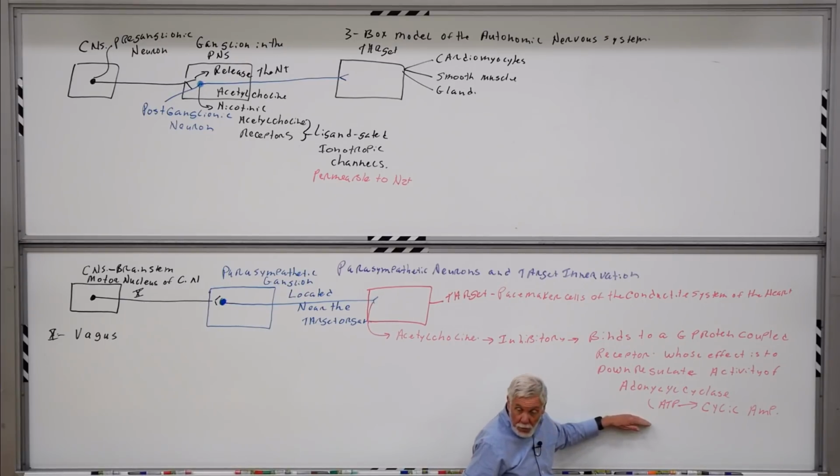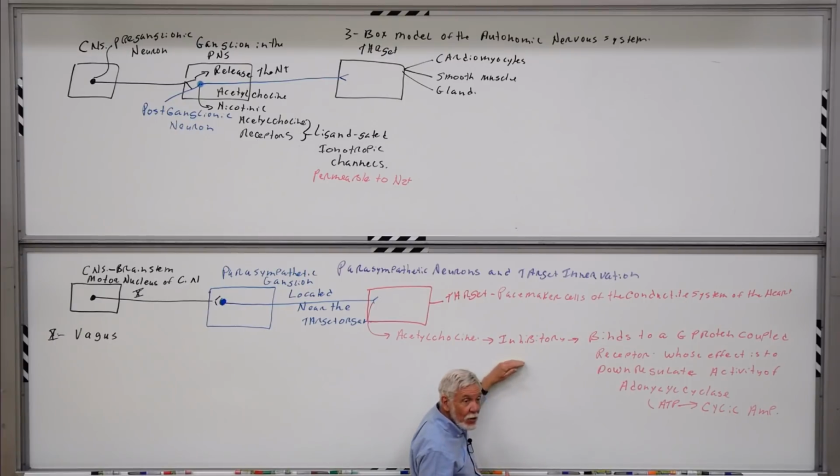I think you can see from what we've talked about so far what the story here is going to be. Remember, the HCN channel has to bind to cyclic AMP in order to open. So if in this case we reduce the amount of cyclic AMP and thereby reduce the number of open HCN channels, what's that going to do to the rate of opening and the rate of influx of sodium into those pacemaker cells?